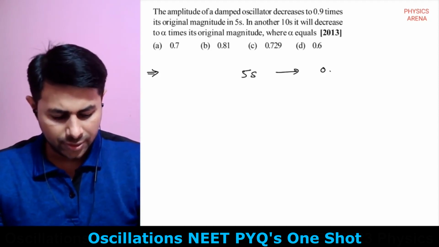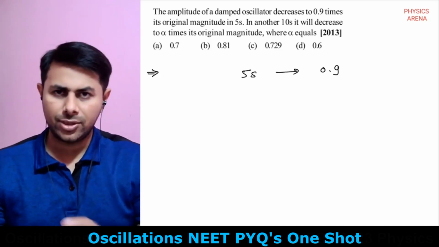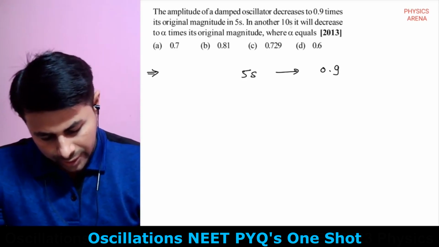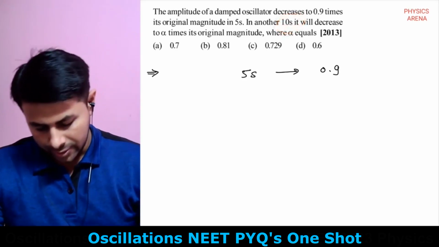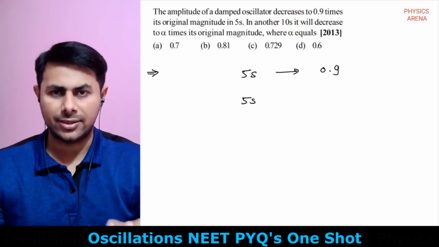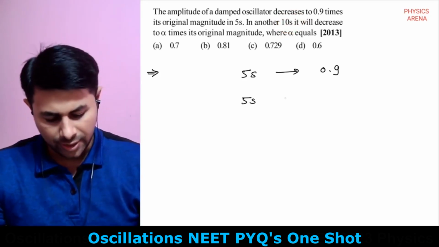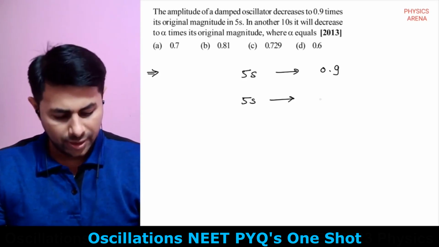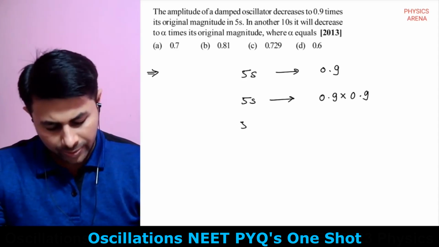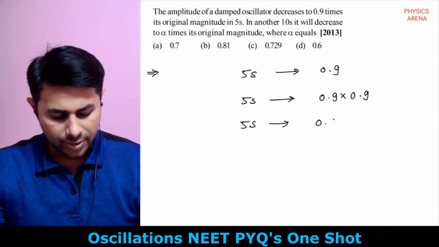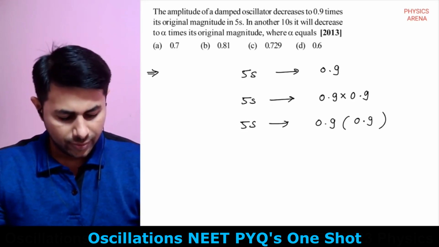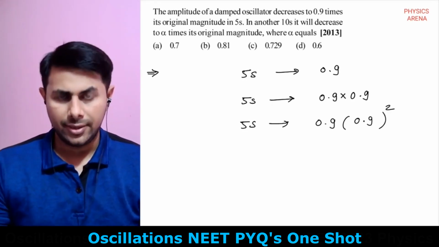So see, in 5 seconds, what happens? The amplitude decreases to 0.9 of the original value. So in another 10 seconds, another 10 seconds means twice of 5 seconds, right? 2 times 5 seconds. So another 5 seconds, what will happen? It will become 0.9 of 0.9. In another 5 seconds, it will become 0.9 of this thing, 0.9 square, right?